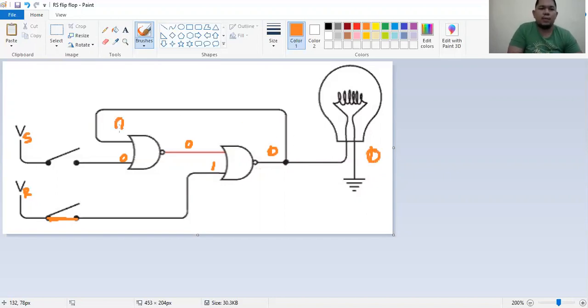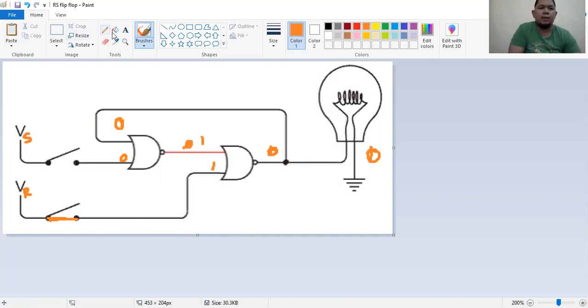So essentially the 0 is being fed back to the first NOR gate, and 0 becomes 1. 1 and 1 or 1 still becomes 1, and invert that still becomes 0. So it remembers the value; we have reset the value back to 0.